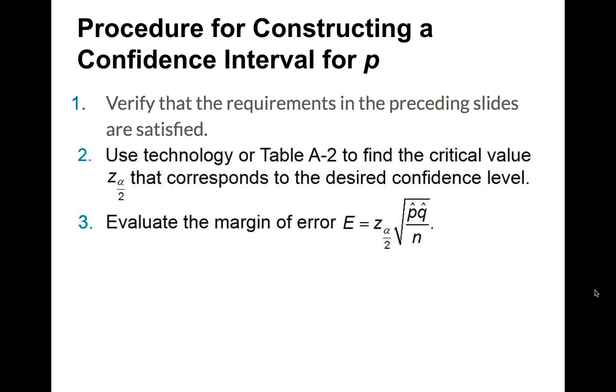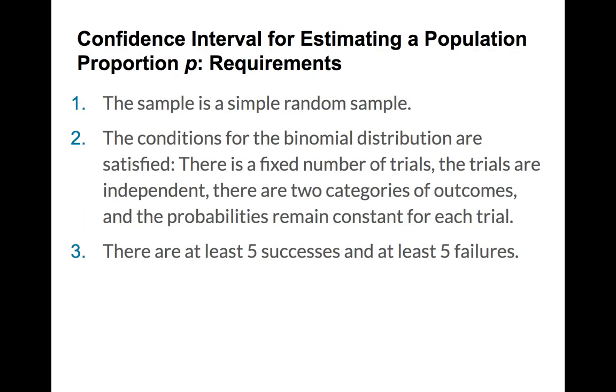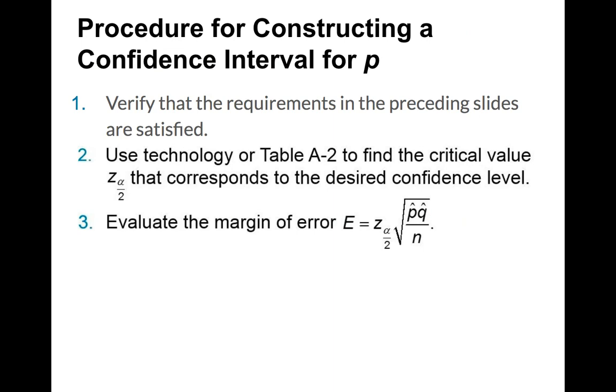Okay. So here are the steps to construct a confidence interval for the population proportion. The first thing you have to do is verify the requirements are met. Now, the requirements are in the preceding slides. Once you know the requirements are met, you're going to use your calculator to get your critical value.